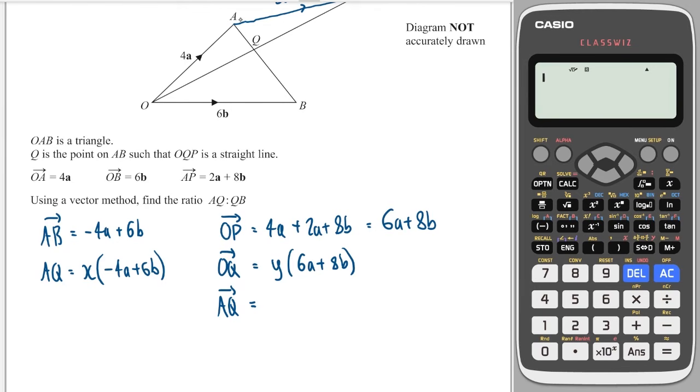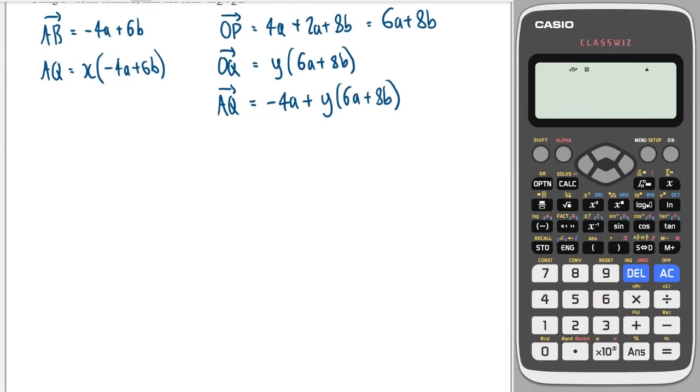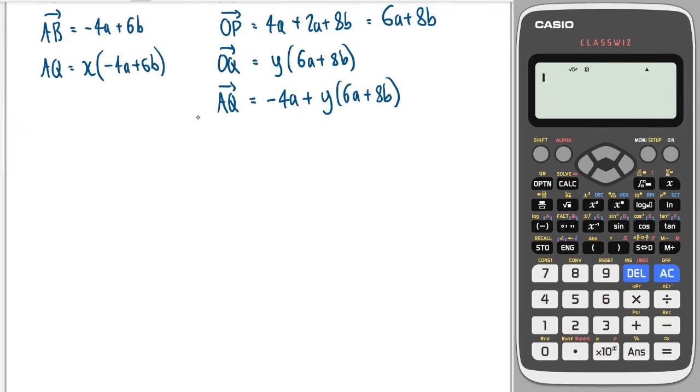So AQ is going back this way and then using my OQ like that. So it's going to be minus 4a plus y lots of 6a plus 8b. Okay, great. Now we've got two expressions for AQ and they must equal each other.